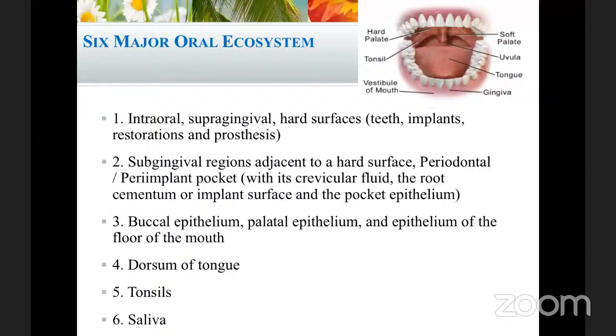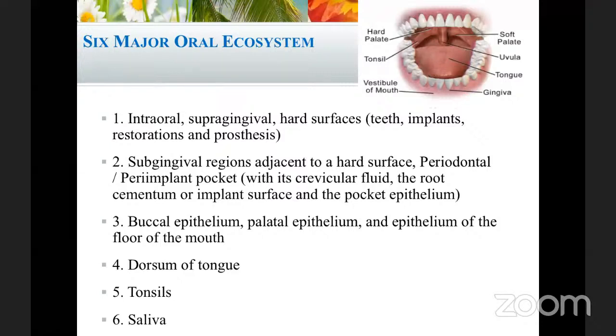The first is intraoral, supragingival, hard surfaces, so maybe teeth, implants, restorations, prosthesis. Then subgingival regions adjacent to a hard surface, periodontal pocket, peri-implantitis cases where the peri-implant pocket, its crevicular fluid, the root cementum or implant surface, is a different ecosystem.